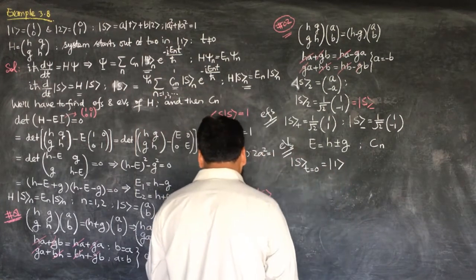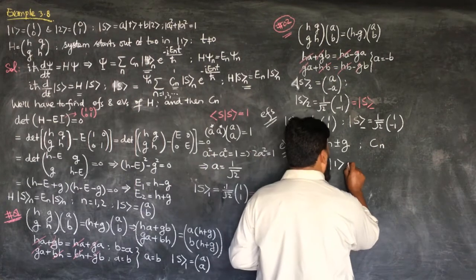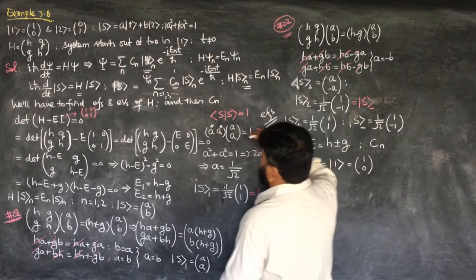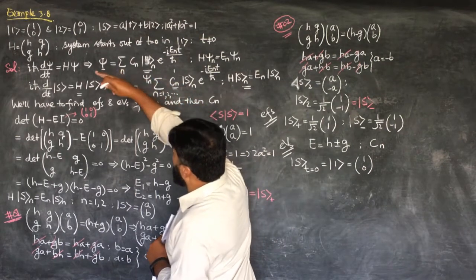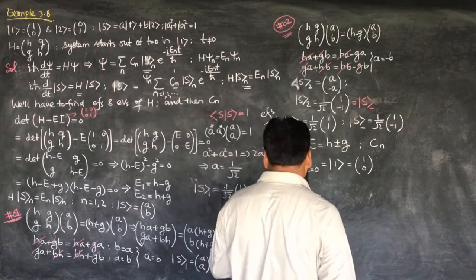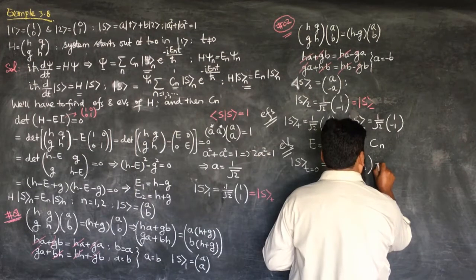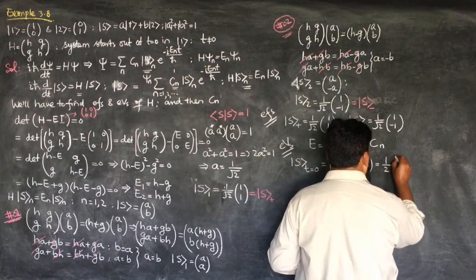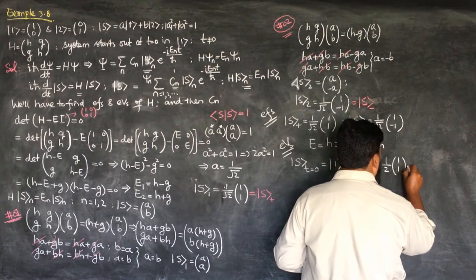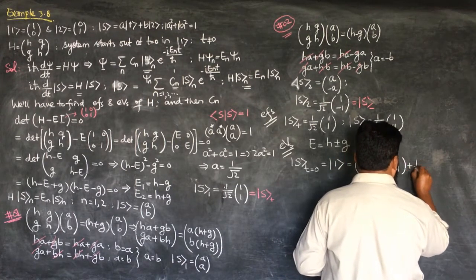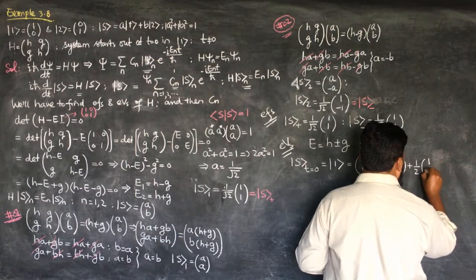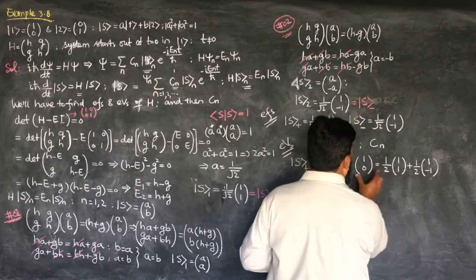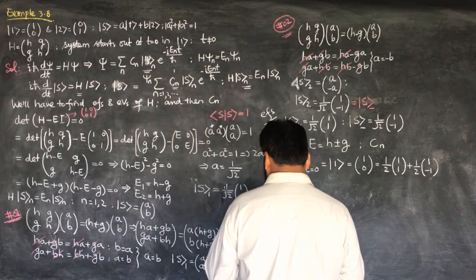This is given to us. So I can write this state as 1, 0, which I can write as 1 over 2, 1, 1, plus 1 over 2, 1, minus 1. If I add them up, I will get 1, 0.